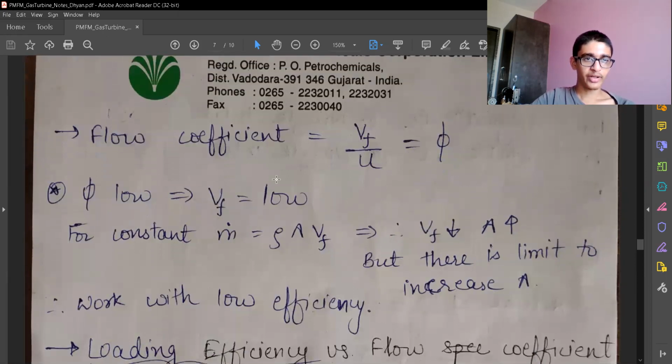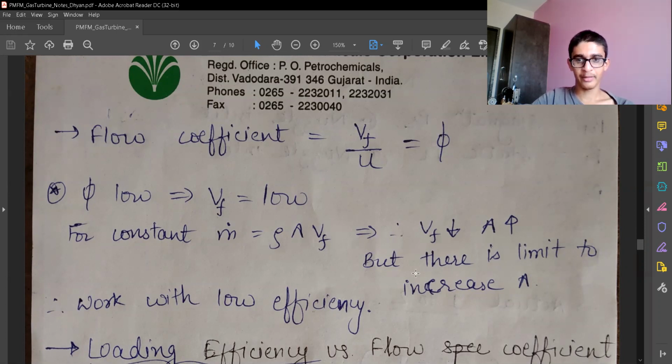And an important notation is flow coefficient. Flow coefficient is represented by phi, and it is the ratio of flow velocity to blade velocity. So if we have a low flow coefficient, the Vf will be low, and for constant m dot, that is mass flow rate, the continuity equation is applicable. Rho into A into Vf is going to be constant. So if my flow velocity reduces, area increases.